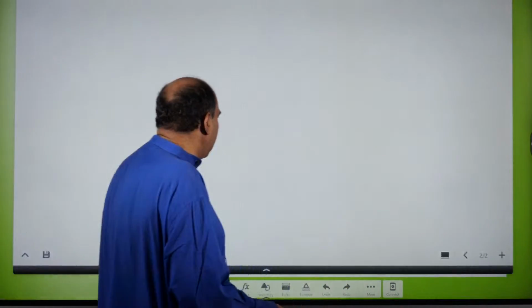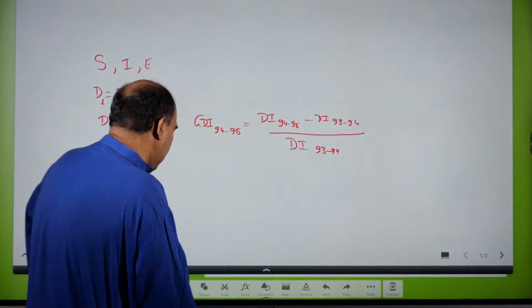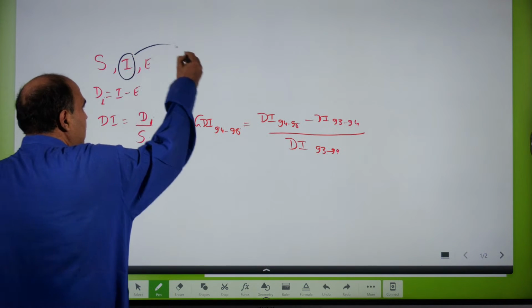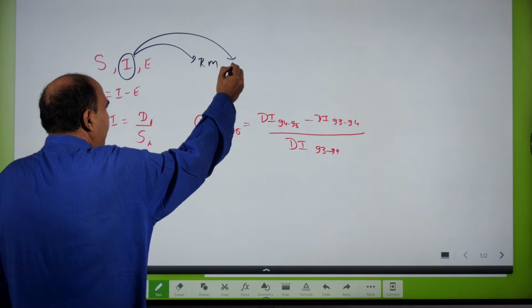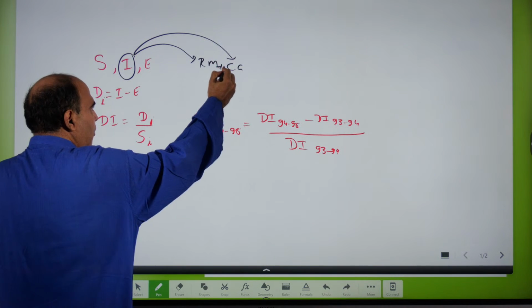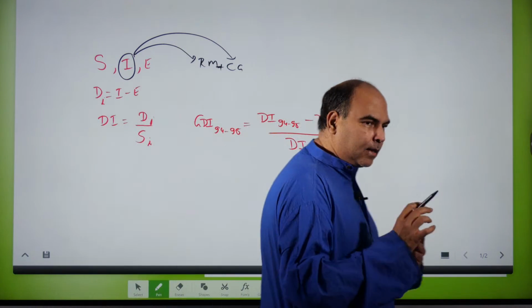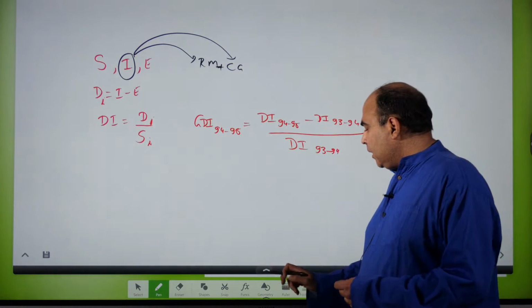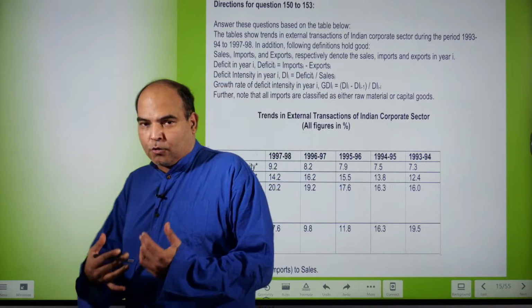So in my understanding of the variables, I have to understand that imports are split into raw material imports or capital goods imports. So for any year, the raw material imports plus capital goods imports should be equal to the total imports. That's another relationship that has been given to me. And if I did not spot that at the start, I'm open for trouble going forward.